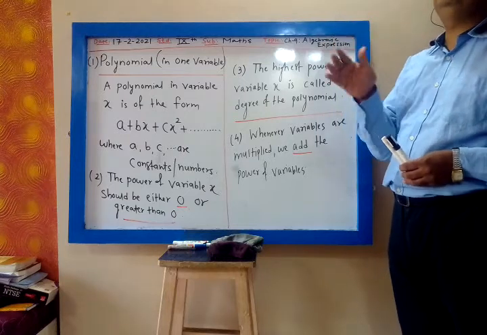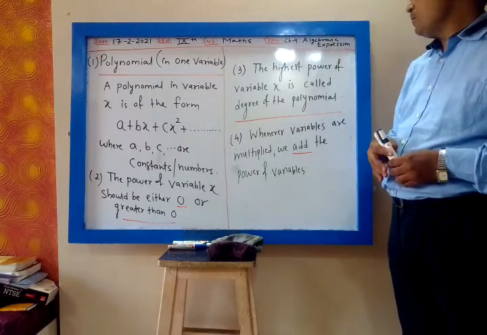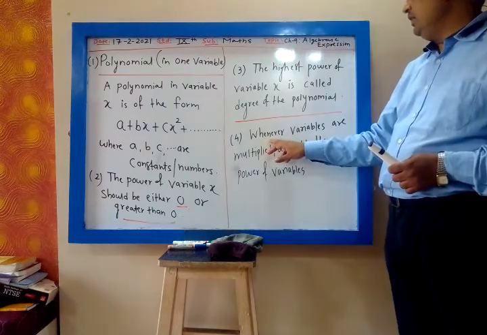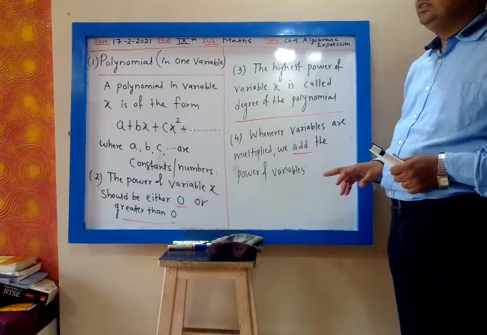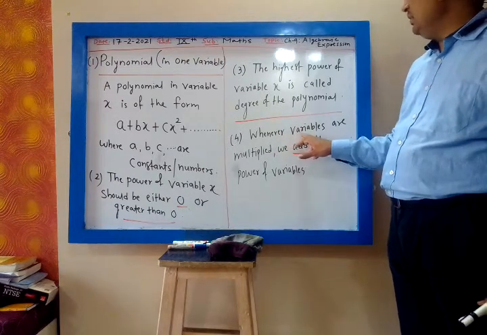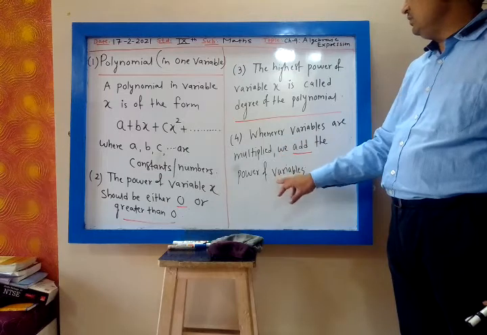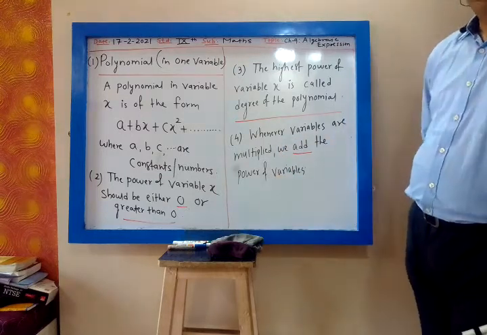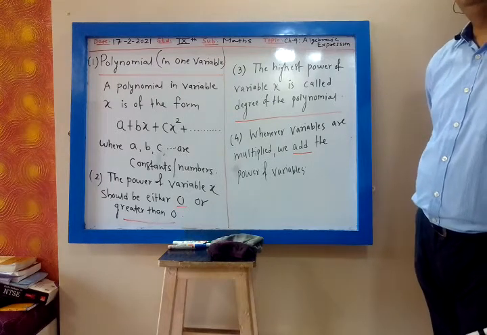That highest power will be the degree of the polynomial. Then fourth point, whenever variables are multiplied, we add the powers of the variables.